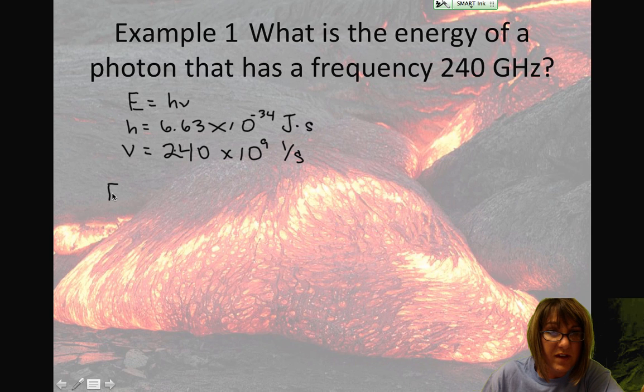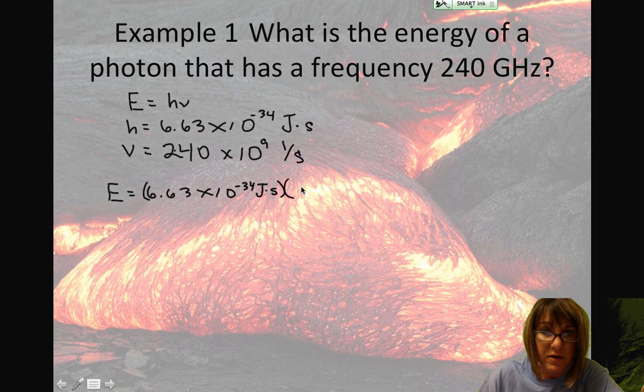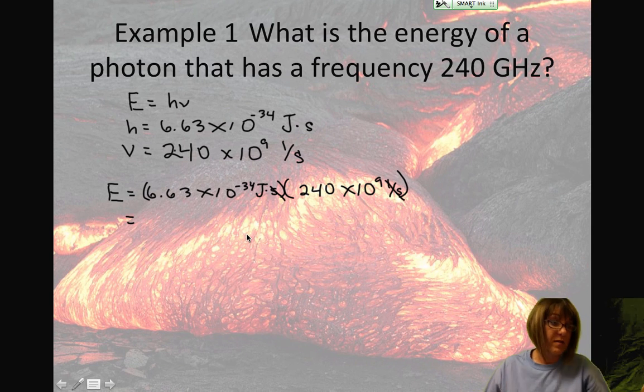So now it's time to solve. Let's substitute our values into the equation E equals h nu. So E is equal to 6.63 times 10 to the negative 34 joules times seconds, multiplied by 240 gigahertz, so 240 times 10 to the 9th per second, and then we'll multiply. When we multiply our units, joules times seconds multiplied by 1 over second, the seconds cancel away. And now I need my calculator.